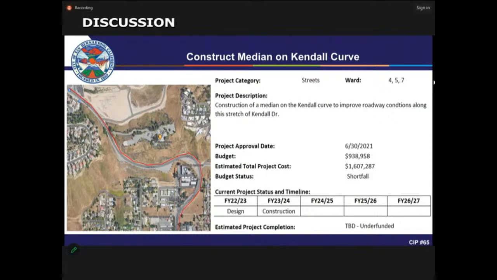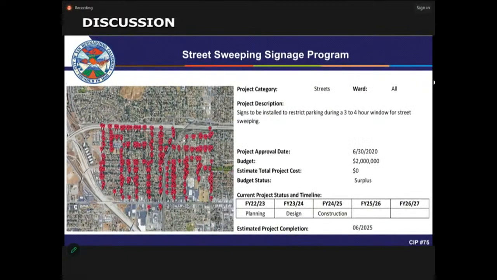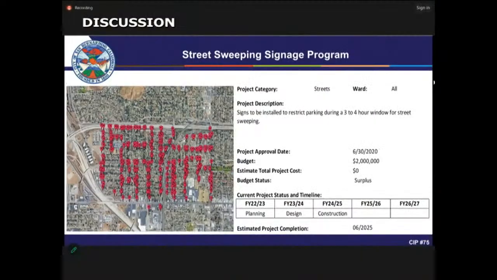The next project is the street sweeping signage program. Basically this encompasses the entire city. Upon management approval, we were planning to do a pilot program within the area that you see on the slide.